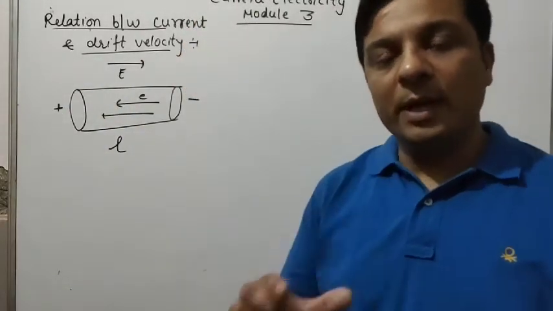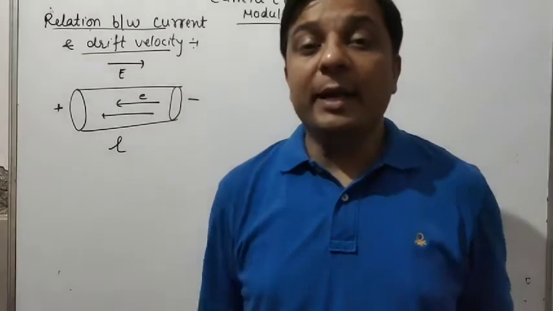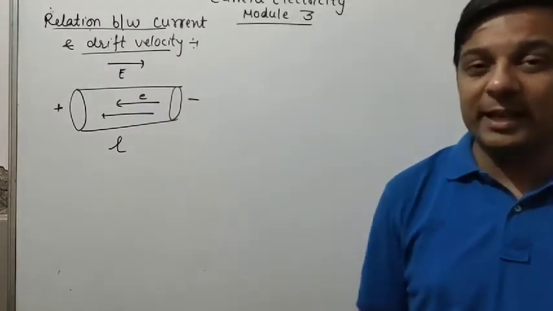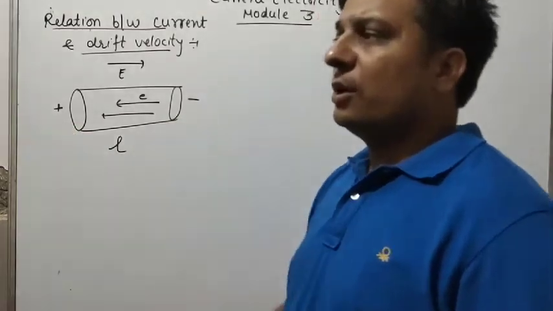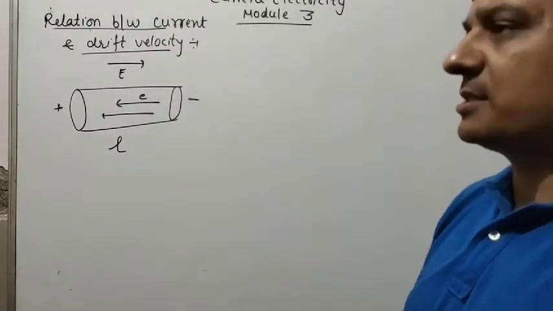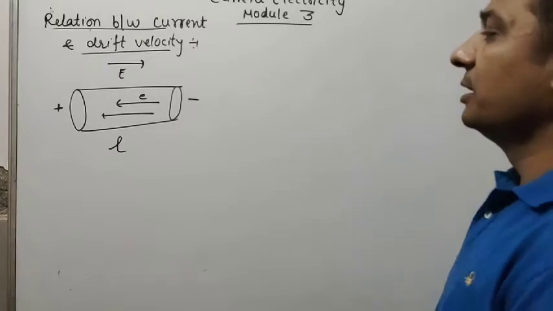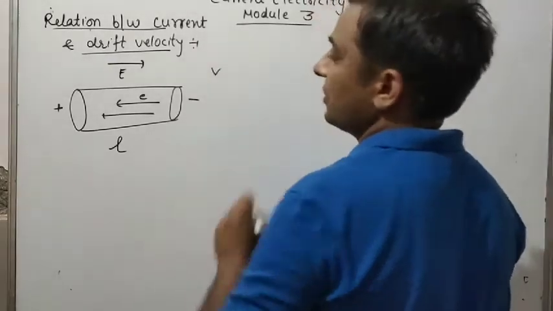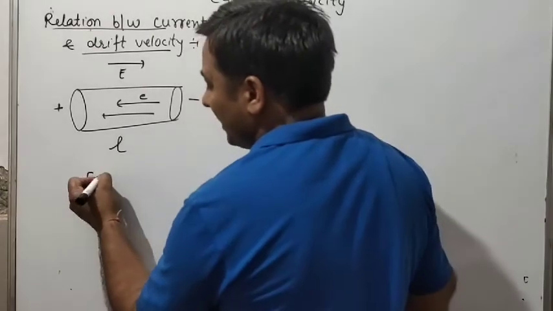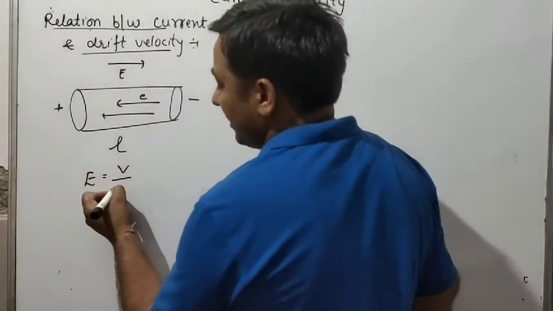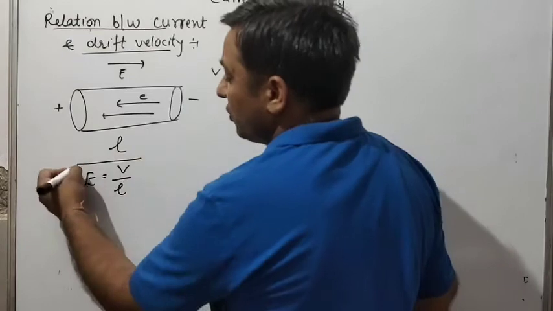Because if one terminal is positive and another is negative, you can say an electric field is applied. Also this is a higher potential, this is a lower potential. In the previous chapter we discussed electric potential, that is V. So you can say the electric field is given by V by L, because V is equal to E into d.